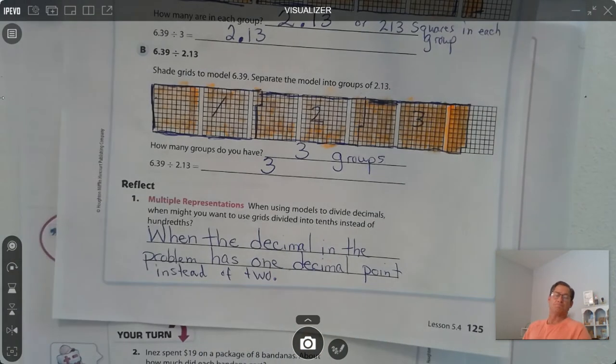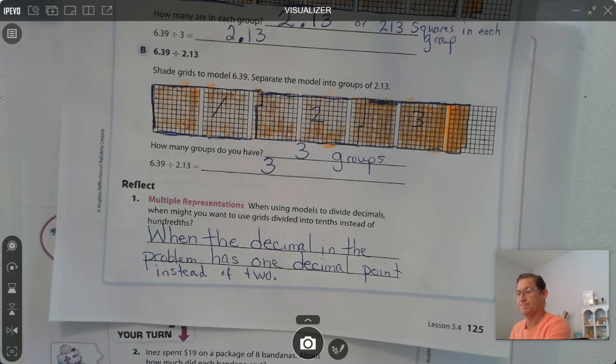So we would divide our grids into tenths if we only had one decimal place in the decimal.